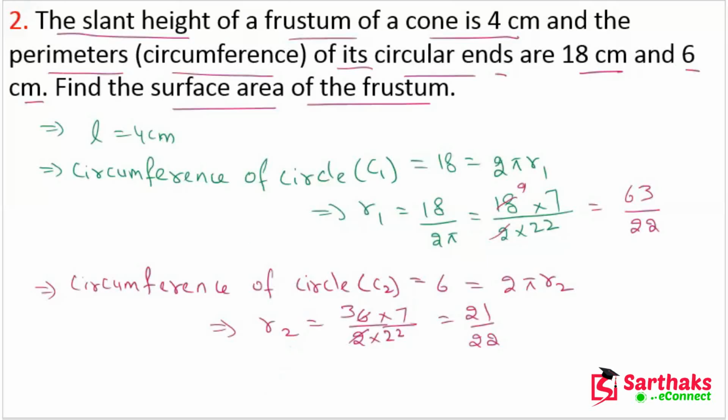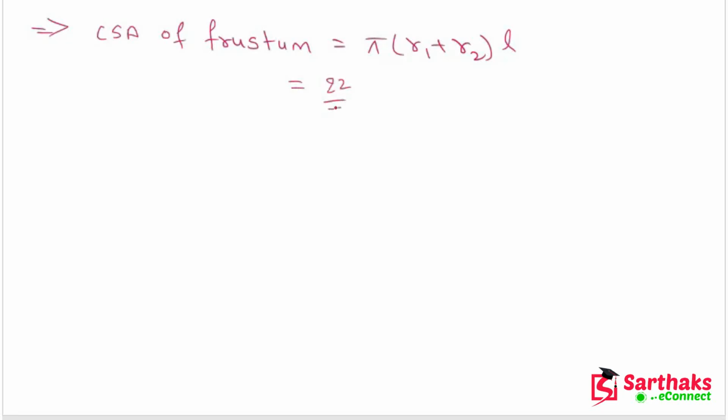Okay, my dear friends. So now what is the surface area of the frustum? We know that the formula of CSA of frustum is equal to pi into (r1 plus r2) into L. So we have 22 upon 7 into, what is r1?